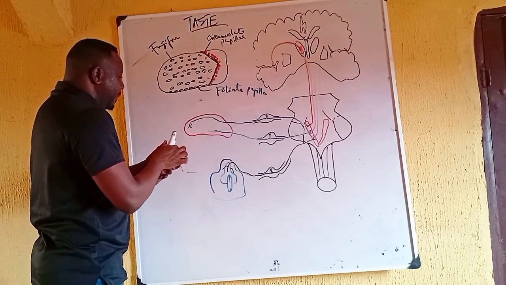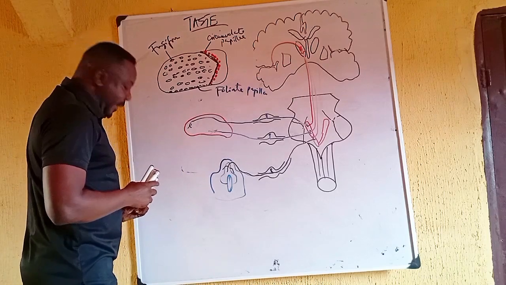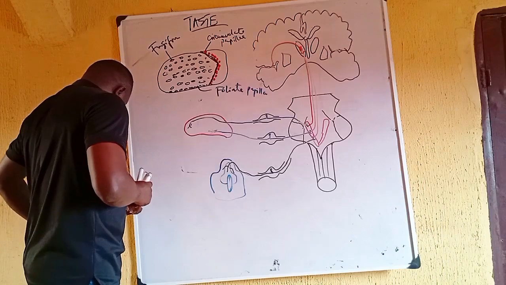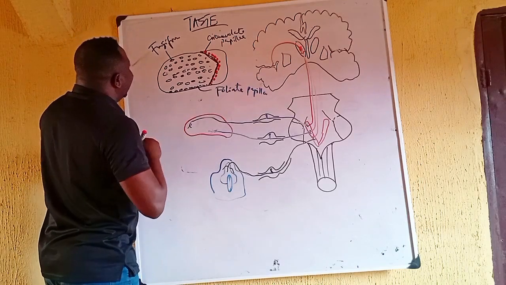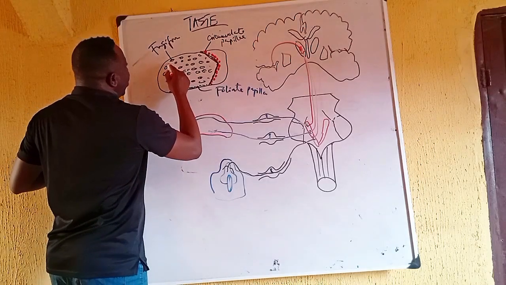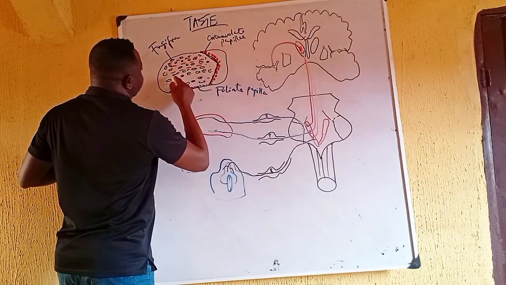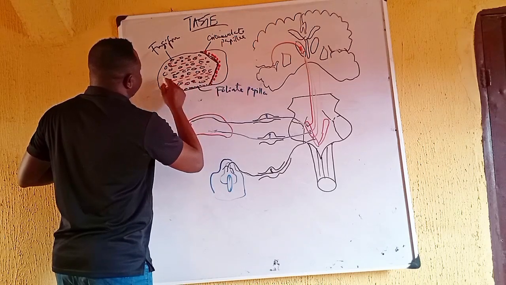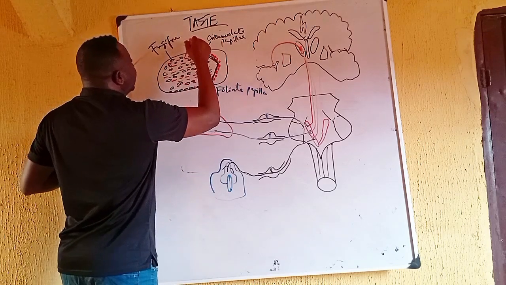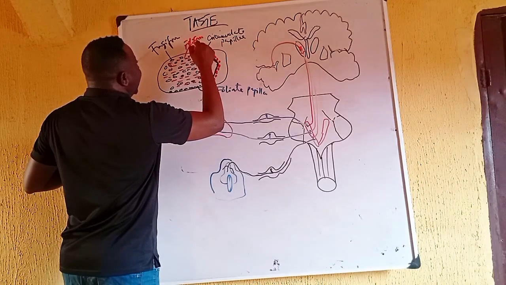Let me use another color of marker. The filiform papillae is actually located in the dorsum of the tongue. These ones are referred to as the filiform papillae.